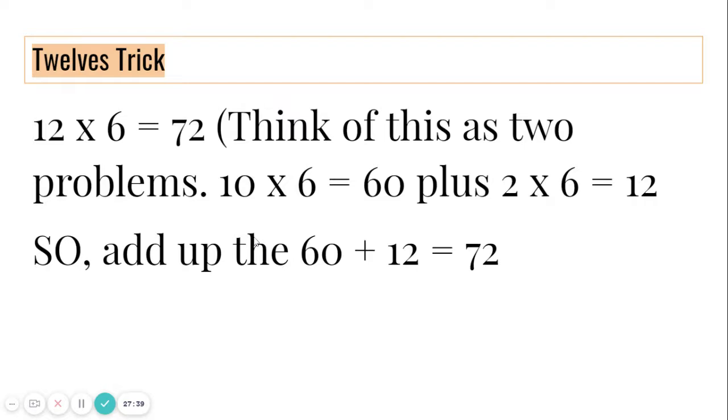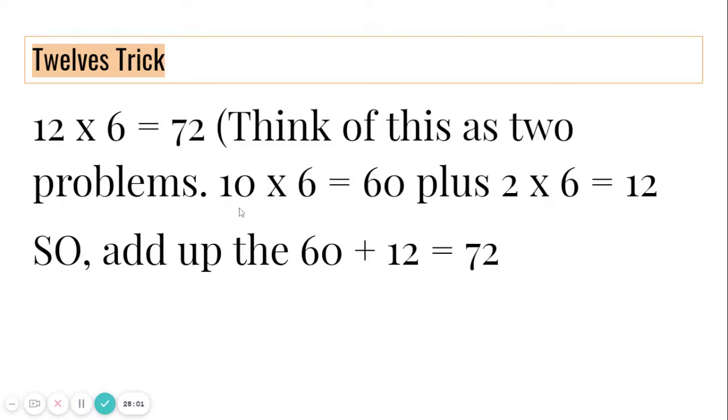Okay, 12 times 6. This is where these used to trick me up. But now that I make it 2 multiplication problems, oh my gosh, I've got this. They're 2 simple problems. This is called decomposing numbers. We're going to decompose that 12 into a 10 and a 2. Because 10 plus 2 is 12, right?